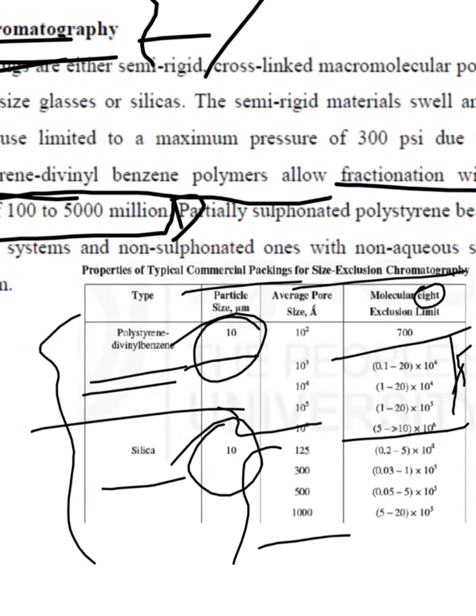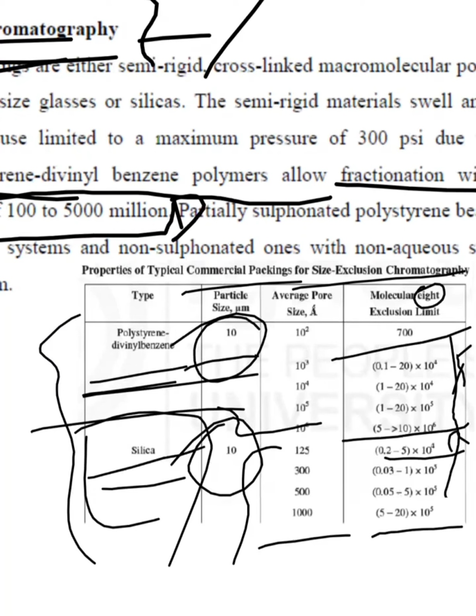So up to those molecular weights it can be separated. While using silica as an adsorbent, it can be from 5 into 10 to the power of 4 to 20 into 10 to the power of 5 molecular weight that can be separated using silica as an adsorbent.